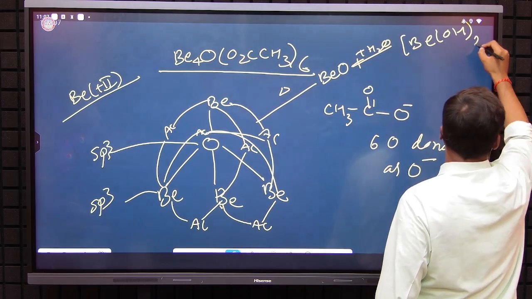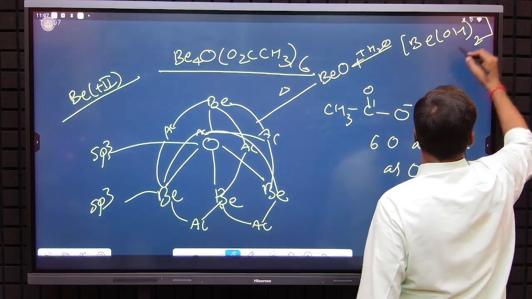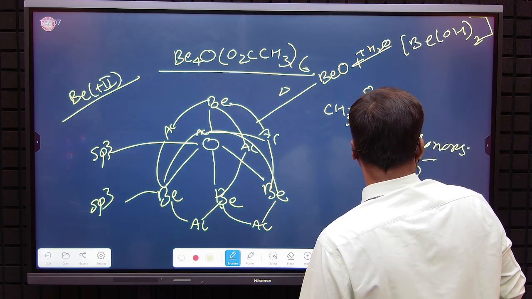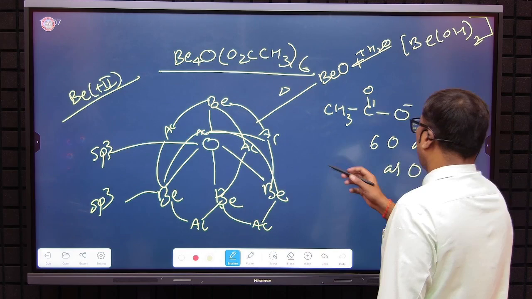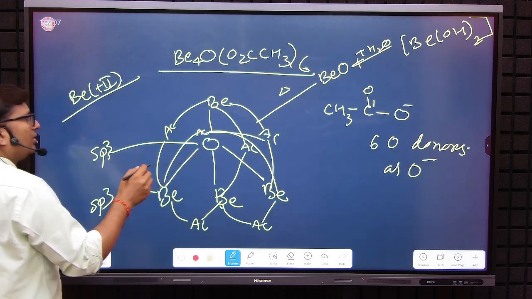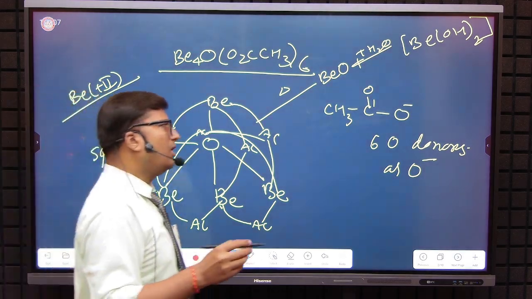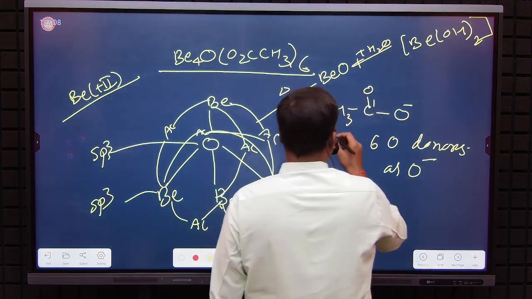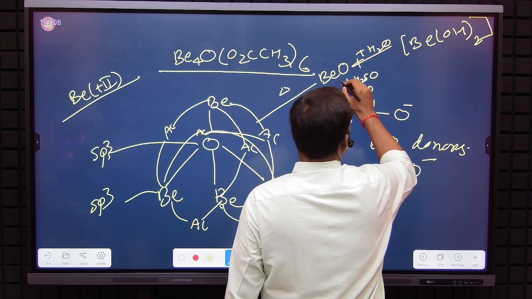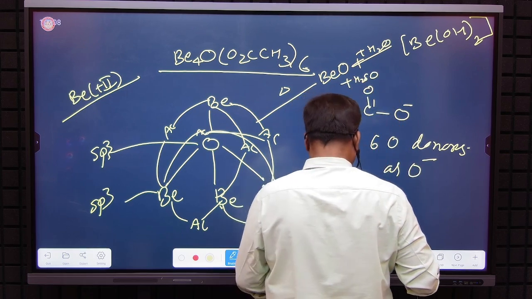So Be(OH)2. This beryllium hydroxide is actually alkaline. So this is the beauty of it. They can also react with H2SO4.